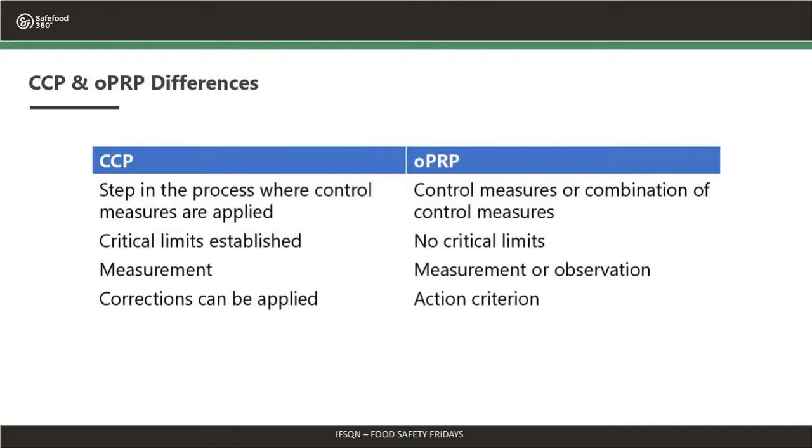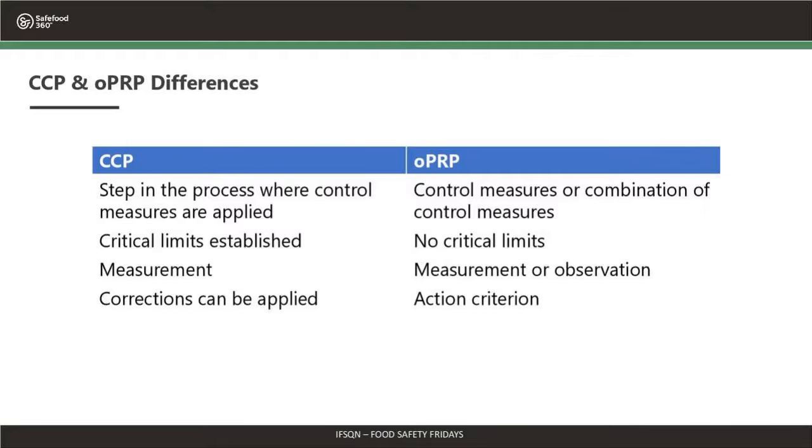Firstly, the difference between a PRP and OPRP is that OPRPs come from the hazard analysis as part of the process line, and PRPs essentially enable a safe environment, assuring that the produced product follows a safety method. So PRPs are not specific to one hazard, they're just there to maintain food safety.